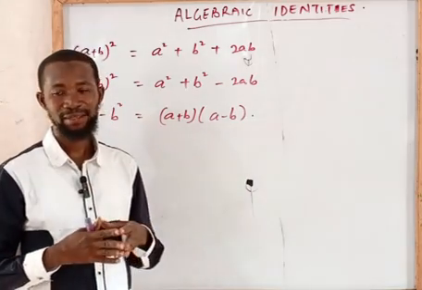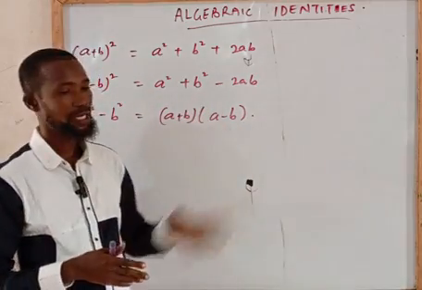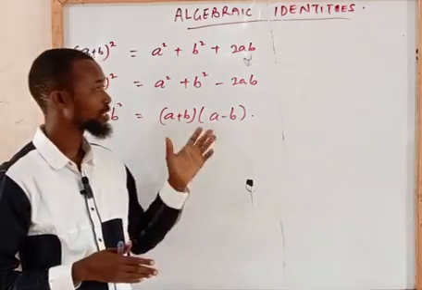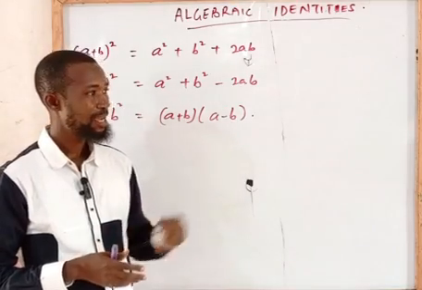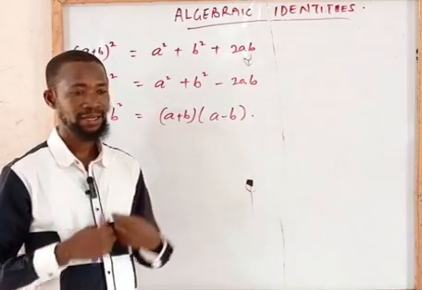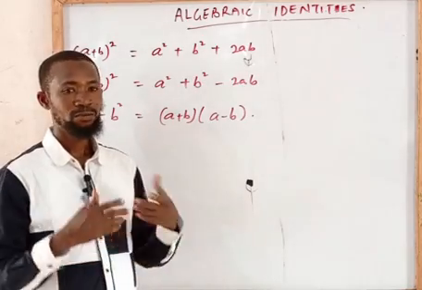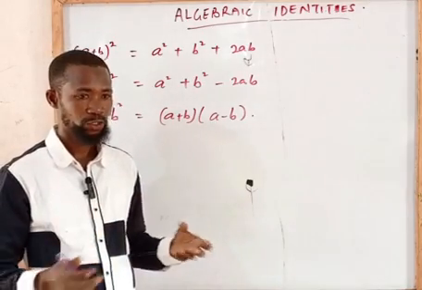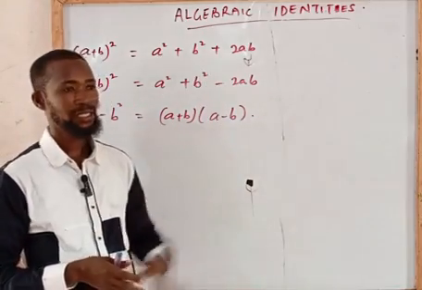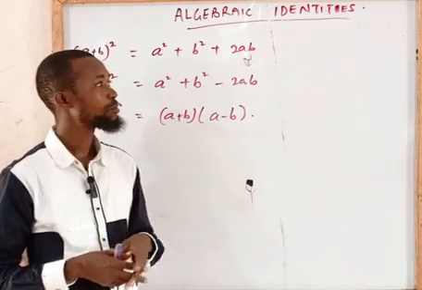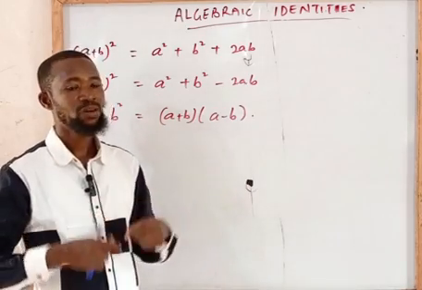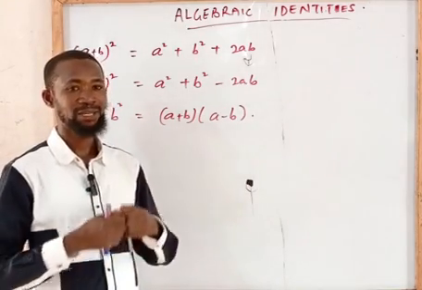But the identities we are interested in now are the algebraic identities. And this is the basis of any other identities that we may need to study in the field of mathematics. A thorough understanding of these identities enables us to understand any other form of identities that exist in mathematics.